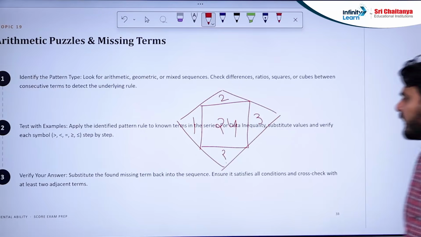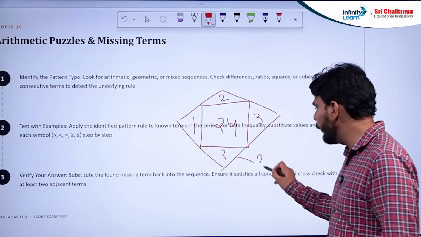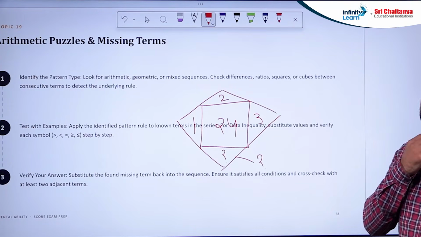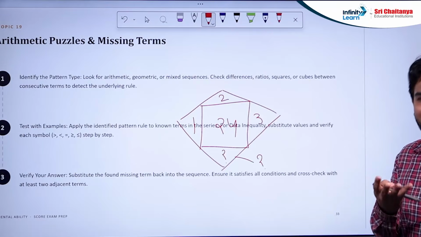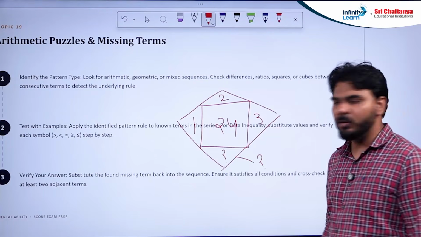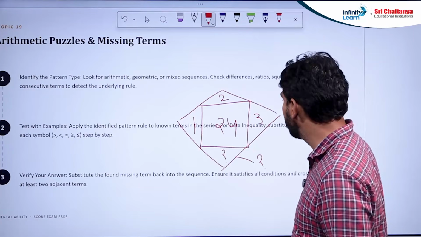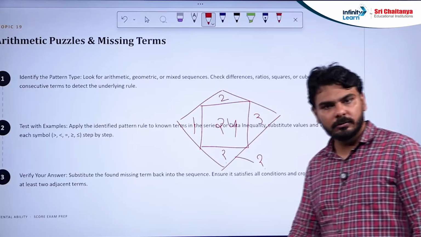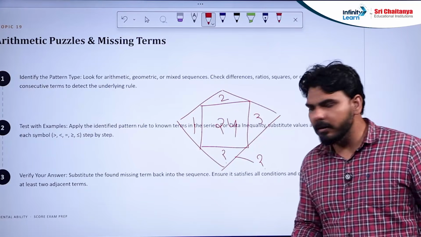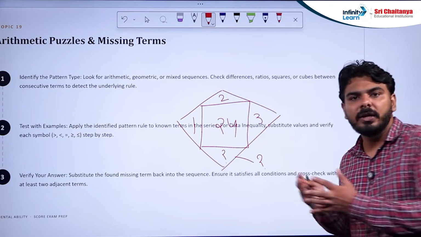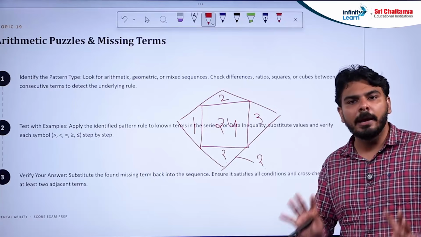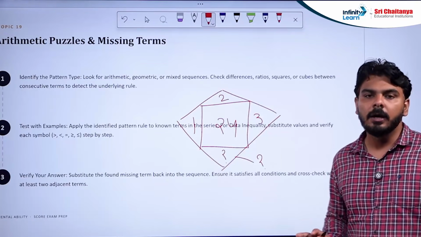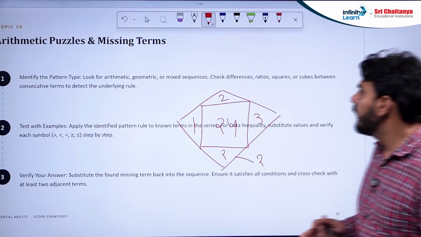What number will be coming in this place? I think everyone knows that 4 will come here because 1 into 2 into 3 into 4 is 24. Okay, so when we start doing these kind of questions, you will be able to understand all the concepts in detail.